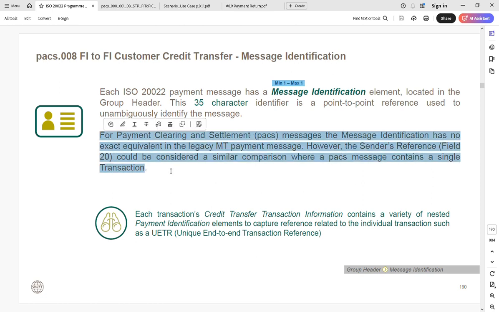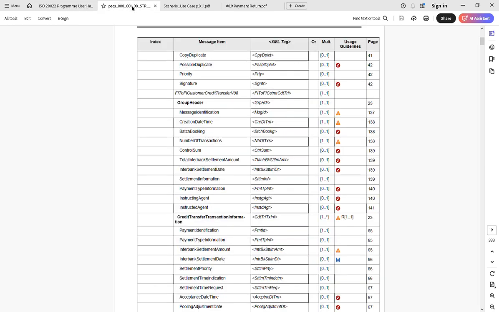So there is no equivalent field for message ID here, but the sender's reference can be considered as message ID in the PACS8 message. We can consider these things from here, though there is no confirmation.